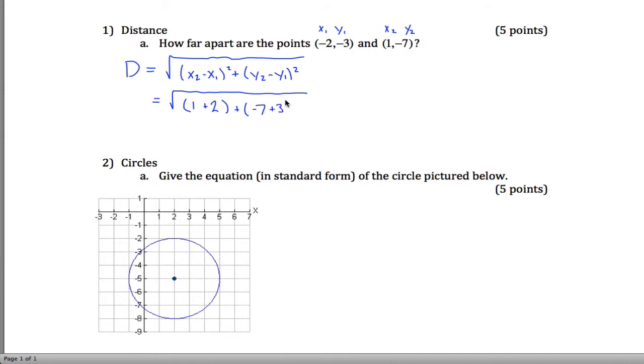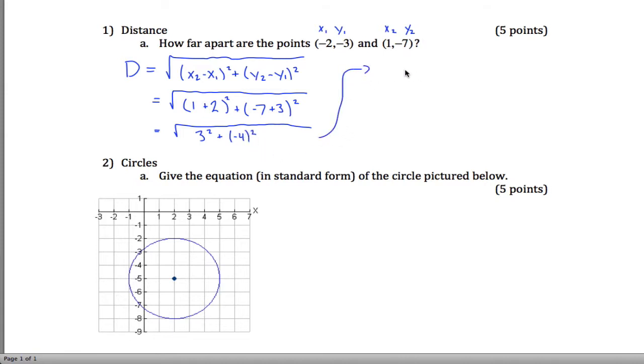So minus negative 3, which is the same as plus 3. And so what we got is the distance is, oh, got a squared here. 1 plus 2 squared, which is 3 squared, plus negative 7 plus 3, that's negative 4. Negative 4 squared.